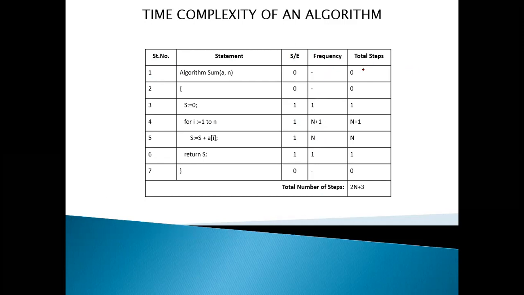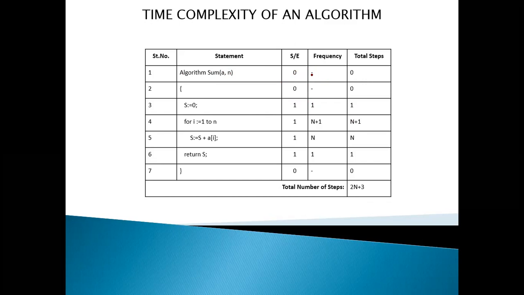Here the total number of steps is obtained when these two values get multiplied. This is a header line, so it will not be executed. That's why we put it as 0, and the statement is not going to be executed.